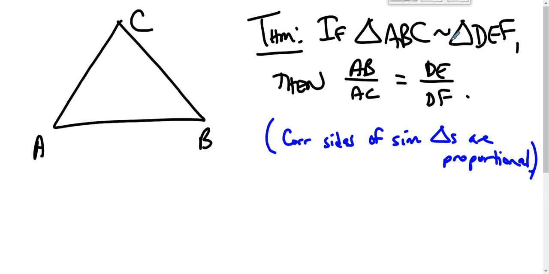Well, the two triangles are similar. If one of the pairs of corresponding sides is congruent, then we're done. So let's pretend that AB is bigger than DE without loss of generality.